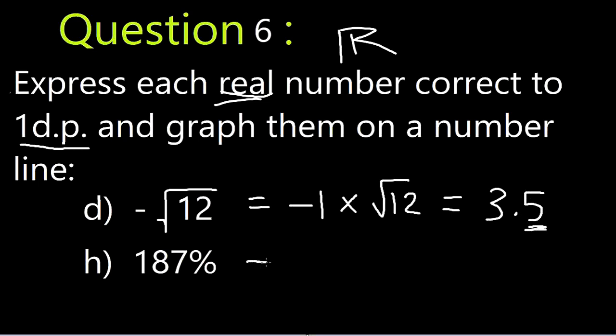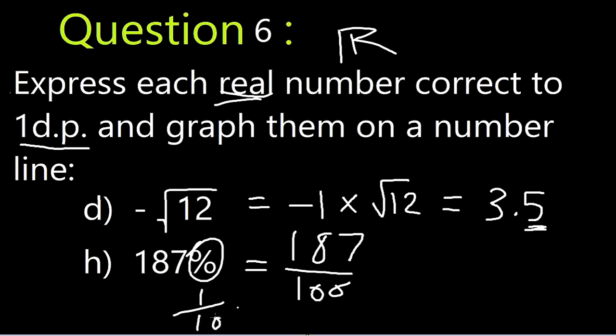Okay, let's do this second one here. Now 187%. So what percent means is it's the same thing as saying out of 100. So 187% means out of 100. So remember, you can always replace percent with times 1 on 100 if you want to.